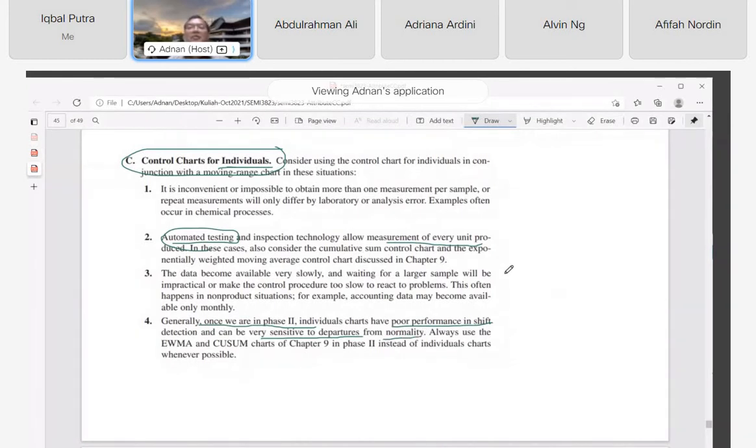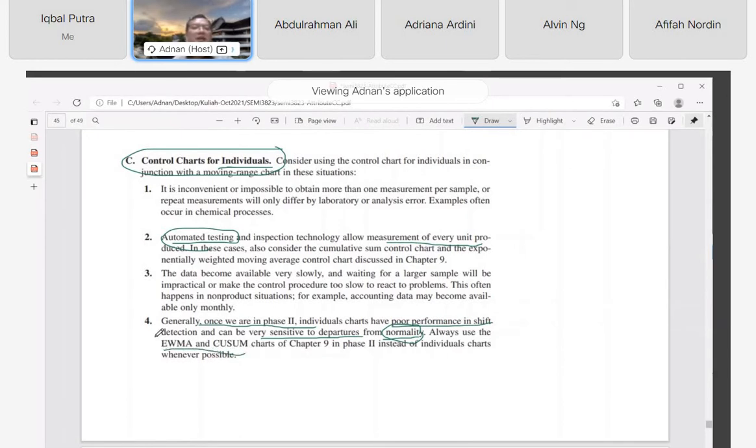In control charts we always assume that it's normally distributed, especially for X bar, which is for mean monitoring using X bar chart, X bar S, X bar R. But if normality cannot be met, we can use EWMA or CUSUM chart.